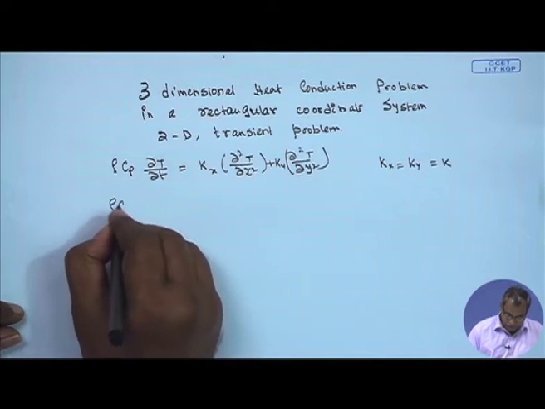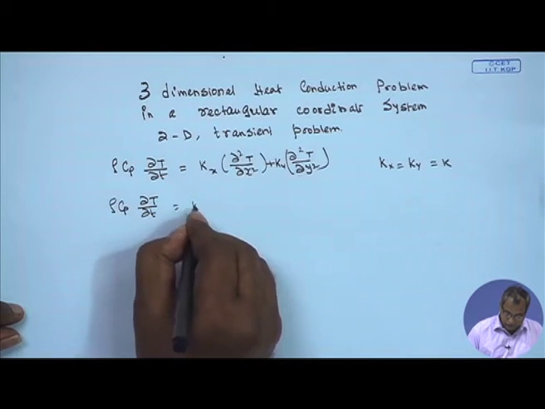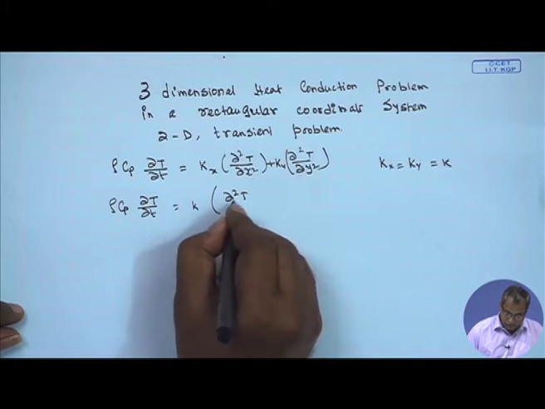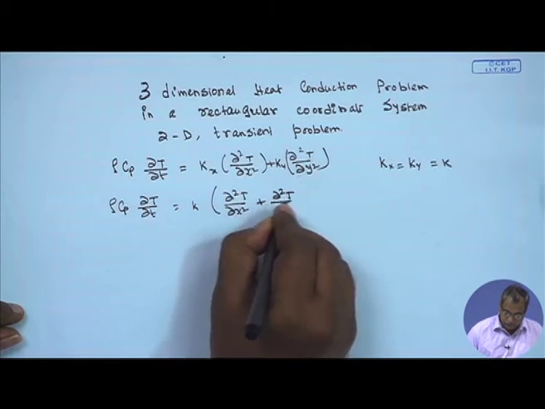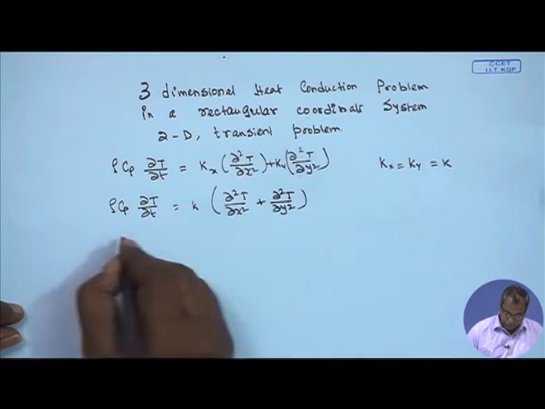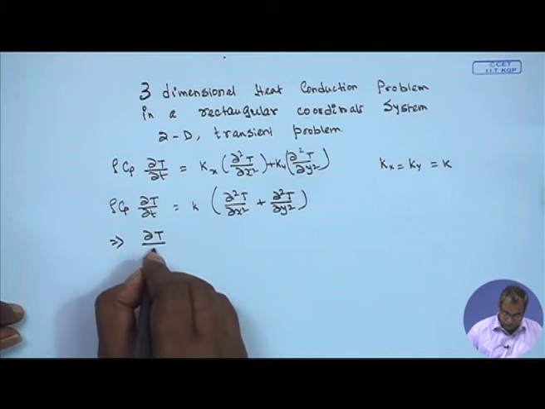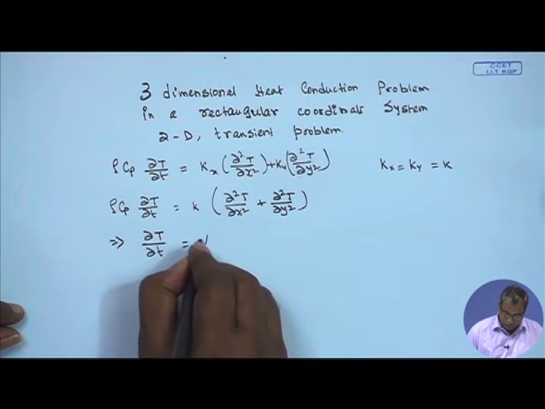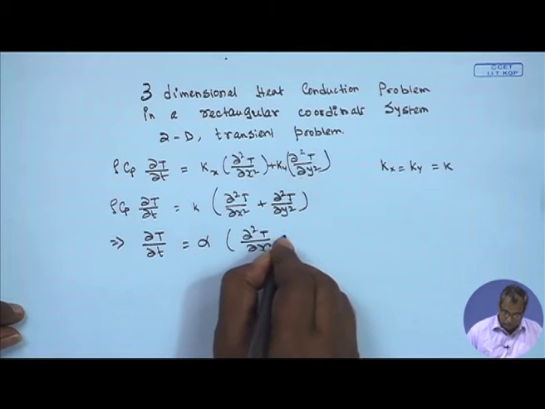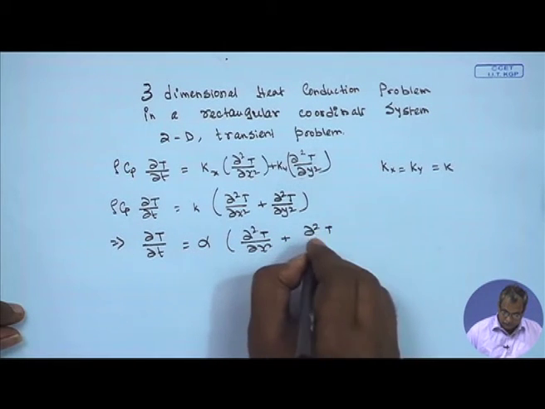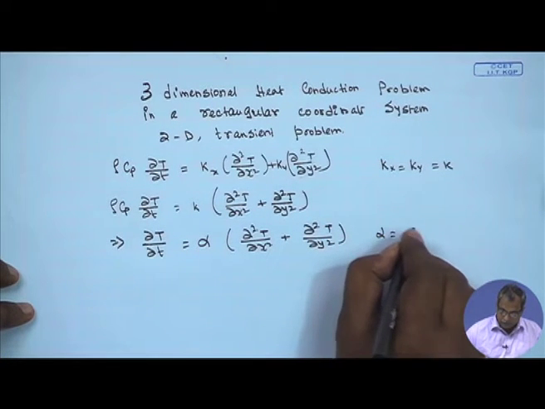So, rho Cp del T del t will be nothing but k times del square T del x square plus del square T del y square. So, if I divide by rho Cp, this becomes thermal diffusivity. So, del T del t will be nothing but alpha times del square T del x square plus del square T del y square. So, alpha is known as the thermal diffusivity.